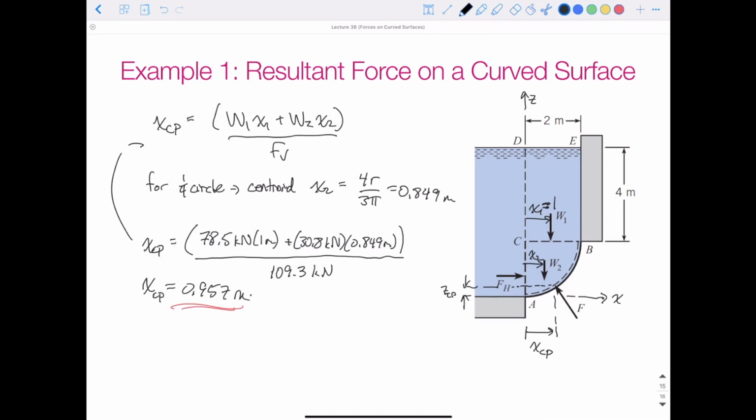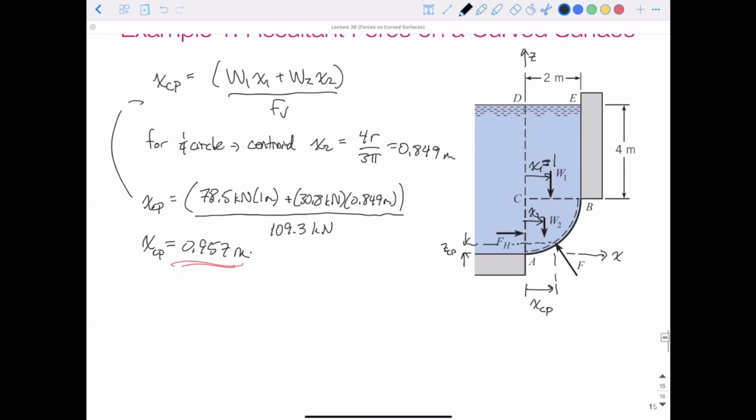So one more, we need to find the Z center of pressure. The Z center of pressure is equal to Z center of gravity plus Y bar.